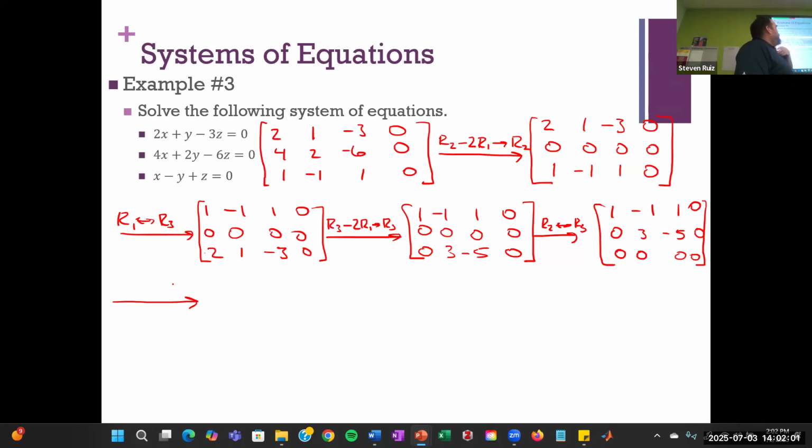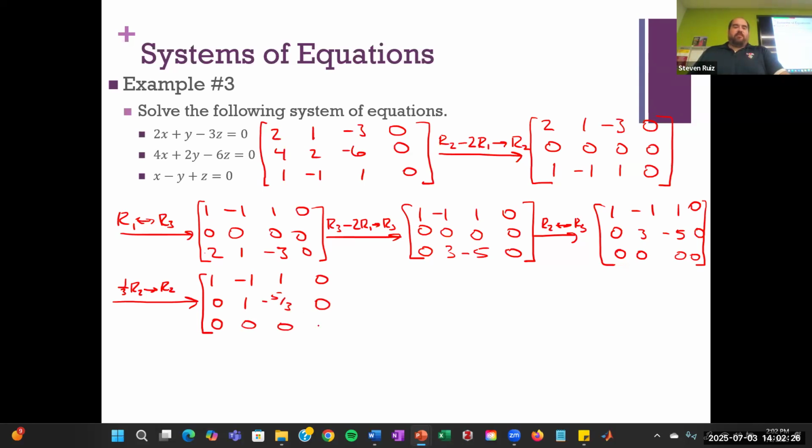Go ahead. Right, so we're going to have to eat some fractions, but if we just let row 2 handle this, 1/3 of row 2 goes back to row 2, and I get 1, negative 1, 1, 0, 0, 1, negative 5 over 3, 0, 0, 0, 0, 0.